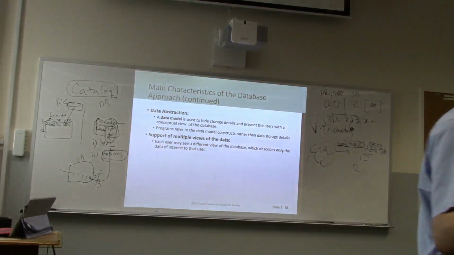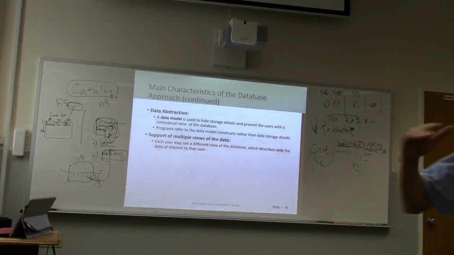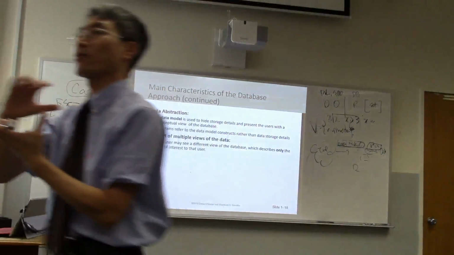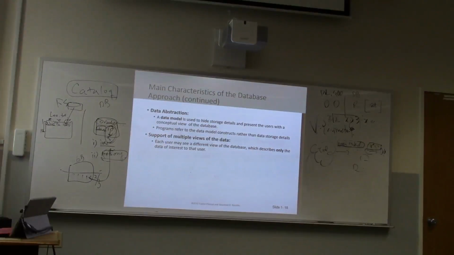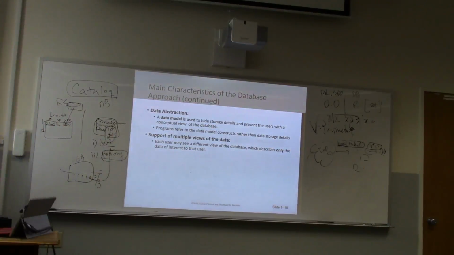The GA will do a lot of work behind the scenes, but whatever he is doing is okay. He doesn't have to inform me. I just ask for the improvement. So it's a kind of data abstraction. That is another main characteristic of using a DBMS.